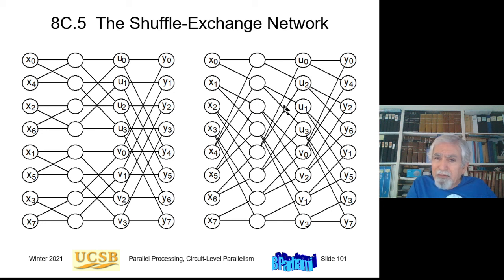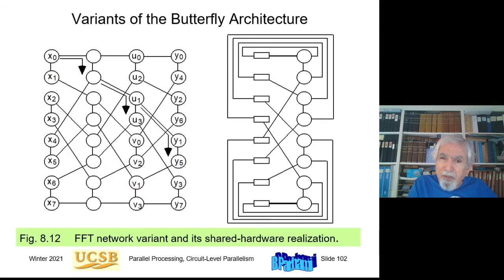And now the connectivity pattern is exactly the same between all the columns. Okay, notice that now the output appears in this weird order, y0, y4, y2, y6, but that's not a big problem. You can just rearrange the outputs using a permutation network. Now, once I've done this uniform design of the butterfly network, the mapping becomes simple.